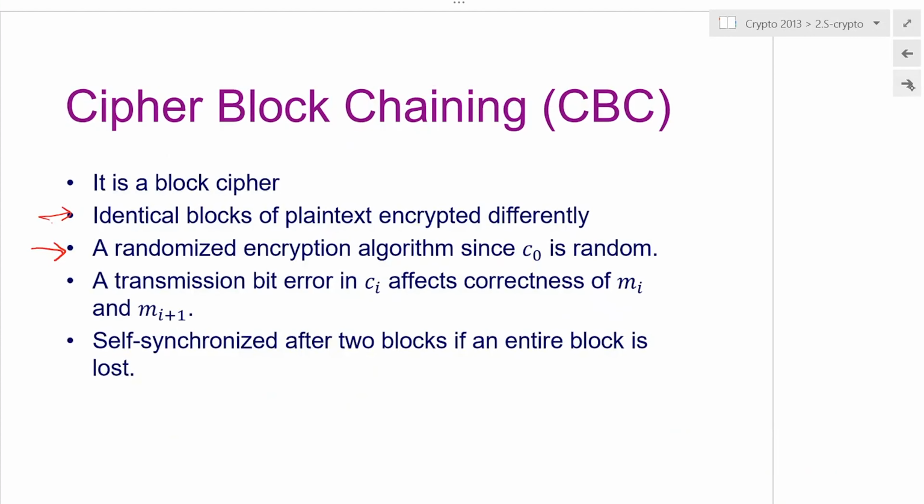That is why we are saying that a transmission bit error in Ci always affects the correctness of that block and the neighborhood block. After that, this algorithm has a property called self-synchronization, with which, once an error happens, our algorithm is able to recover.